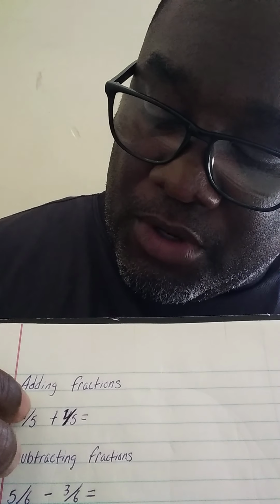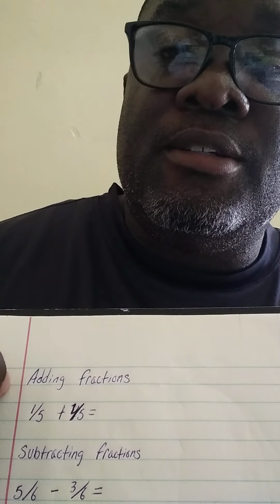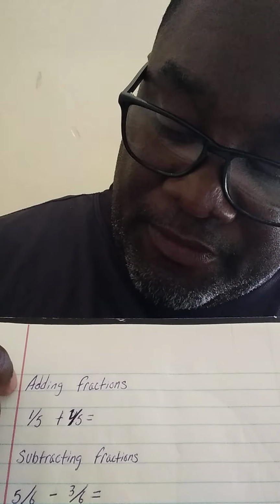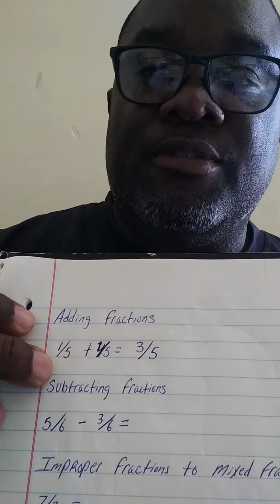Then you have 1 plus 2. That gives you an answer of what? If you said 3/5, you are correct. This part is really kind of simple when you have the same denominator. So the answer would be 3/5.